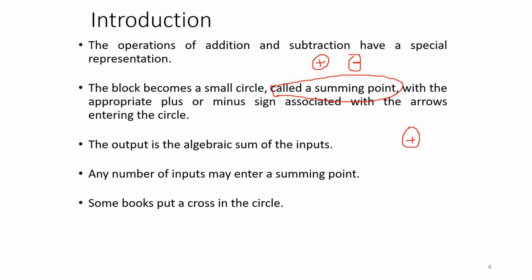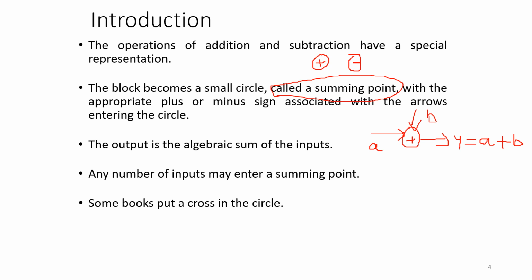I have two inputs, A and B, and if I give you a picture like this, you can easily identify that you are adding these two values. So I can take my output Y as equal to A plus B. This is just a simple example for the block diagram representation.